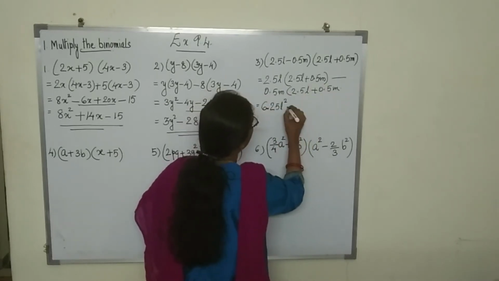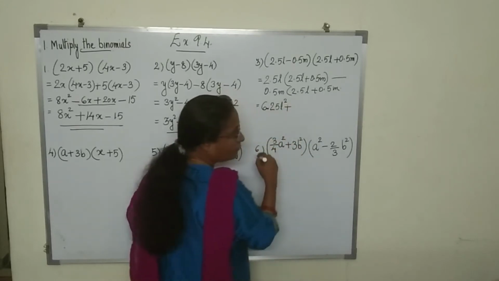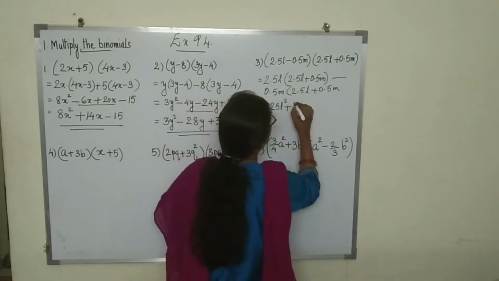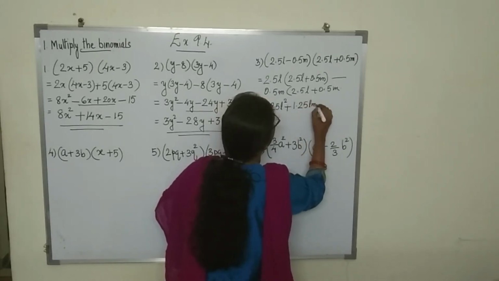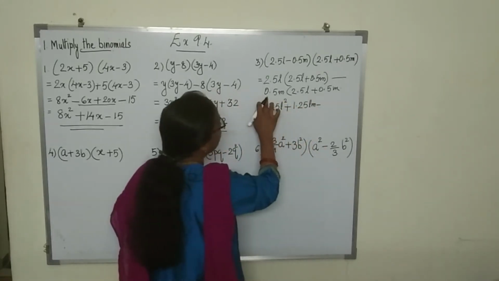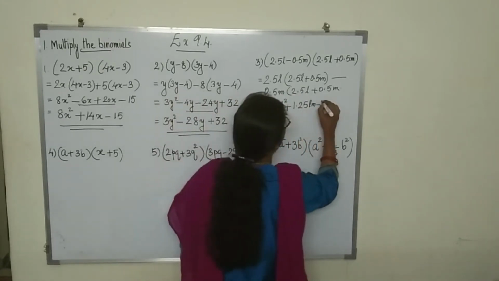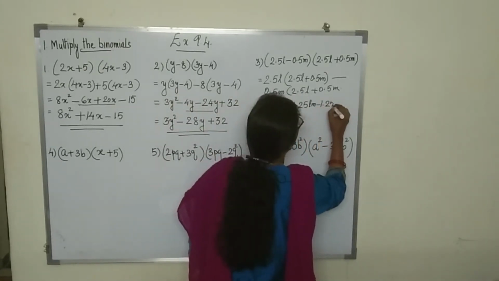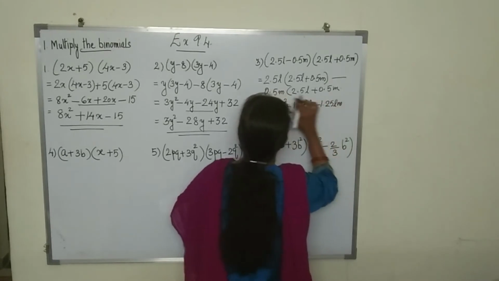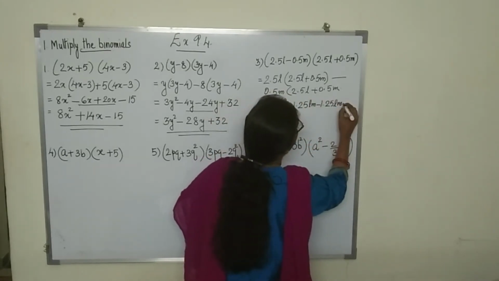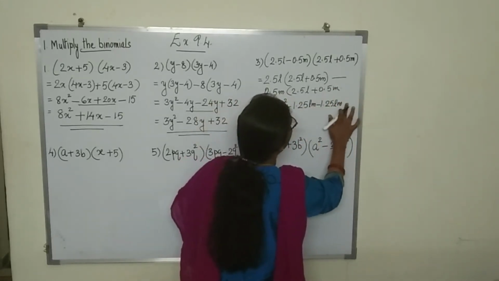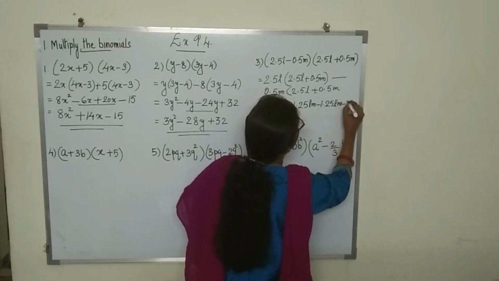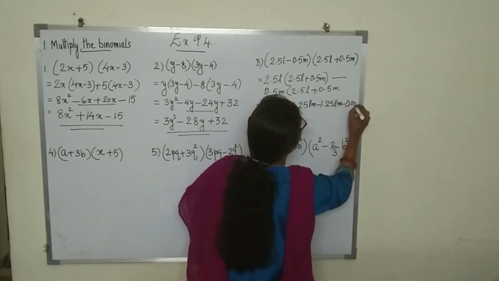25 5s are 125, so here 1.25 LM. Now minus again here 5 into 25 is 1.25 LM. Now 5 5s are 25, that is minus 0.5 into minus 0.5, so here it will be minus 0.25 M square.